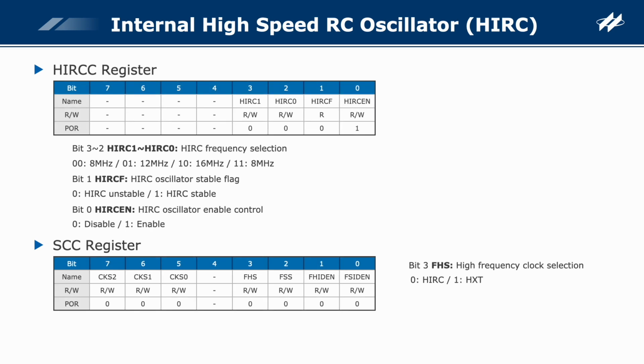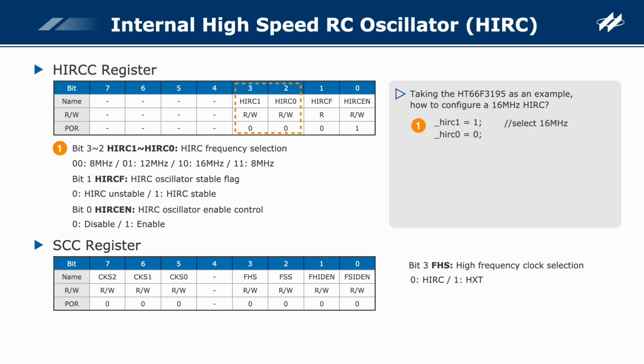In the HT8 MCUs, the internal high-speed RC oscillator is configured by the HIRCC and SCC registers. Taking the HT66F3195 as an example, how can we configure a 16 MHz internal high-speed RC oscillator to work properly? First, set the HIRC1 to HIRC0 bits to 10 to select 16 MHz.